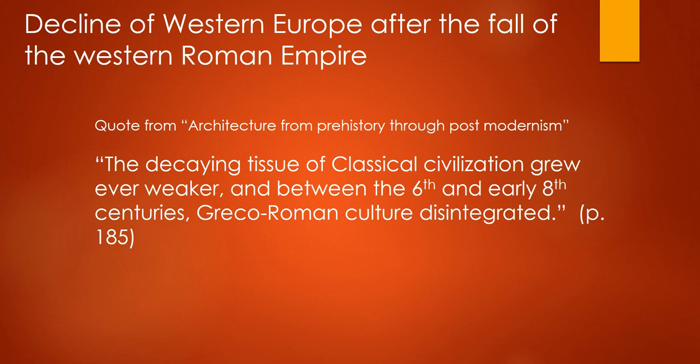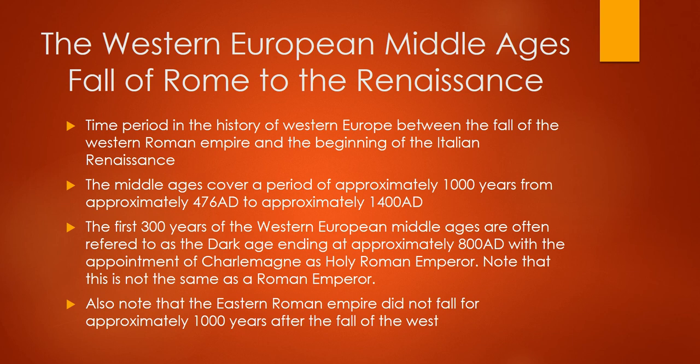It didn't happen all at once. The Roman culture continued to exist, but it was a fairly pronounced period. Over a period of 300 years or so, the culture was pretty much gone.